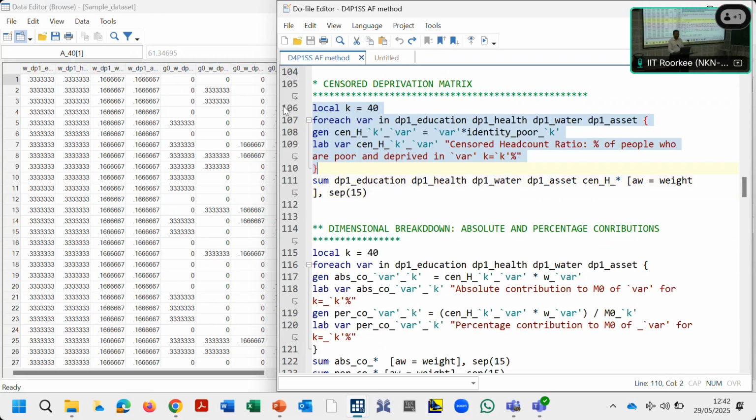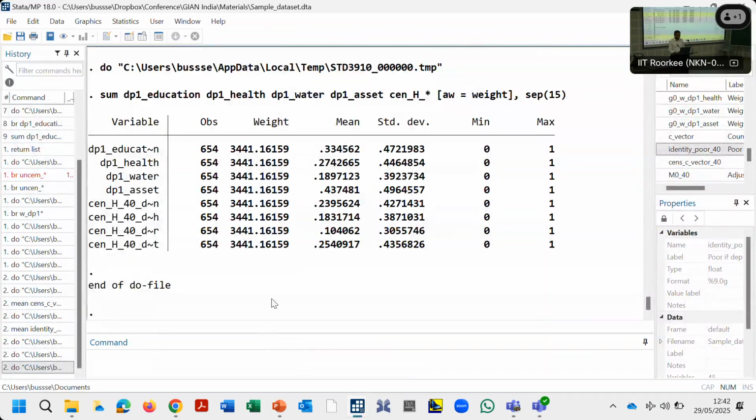And then if you just take either the sum or mean, whatever you do, yeah, so here you have, this is your uncensored at the top, 4 are uncensored and the bottom 4 are censored.